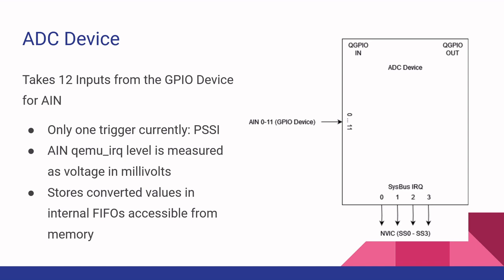It stores its converted values in an internal memory that can be accessed by the user using the macros. It also has 4 sysbus IRQs, one for each of the sample sequences, just like the real ADC device.